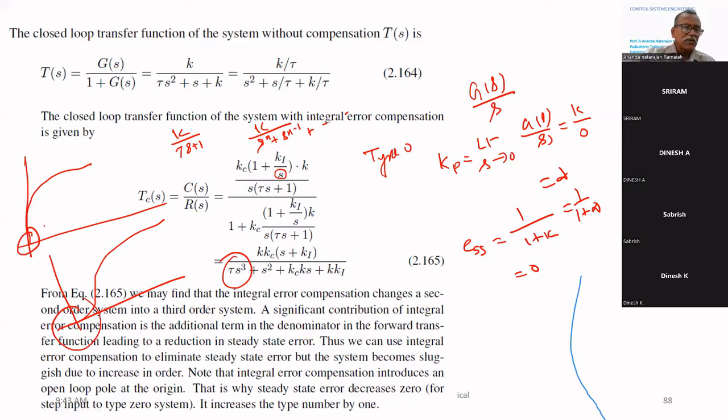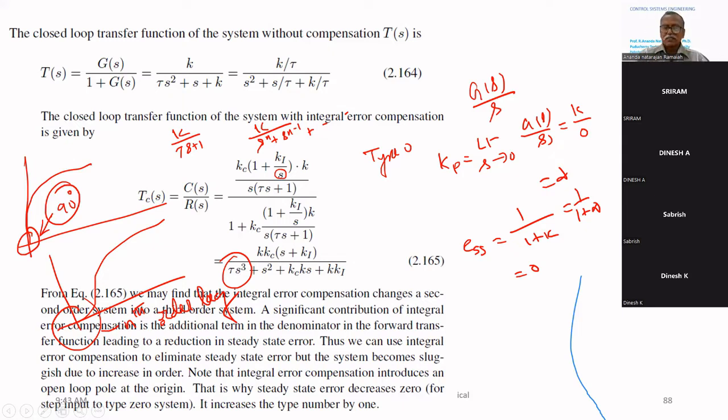But how does a first order system increase? The initial slope is 90 degrees. As soon as you give input, it immediately starts increasing. As order increases, there will be a delay. This is called nth order lag. As order increases, there will be a delay in output. Initially it is a second order system, now it becomes a third order system, which means as order increases, the system becomes sluggish.